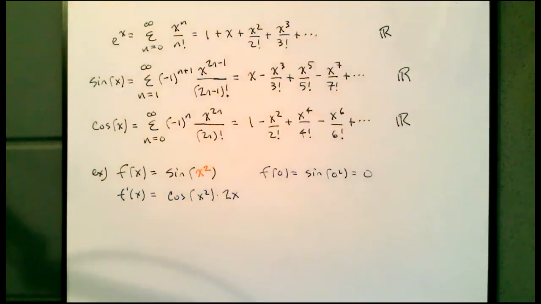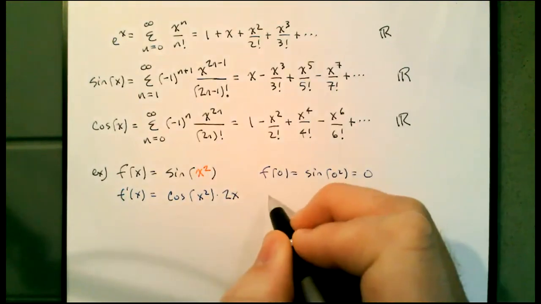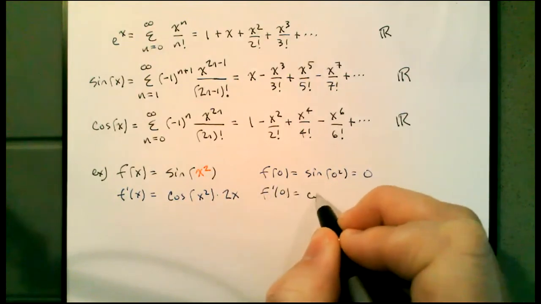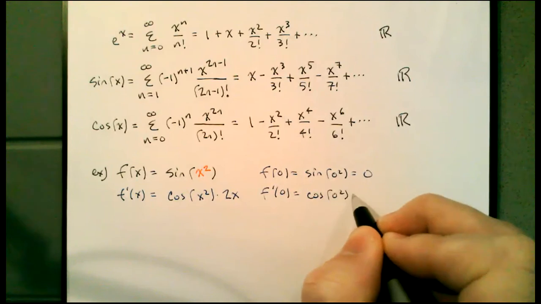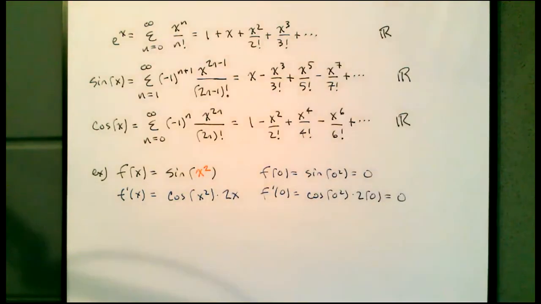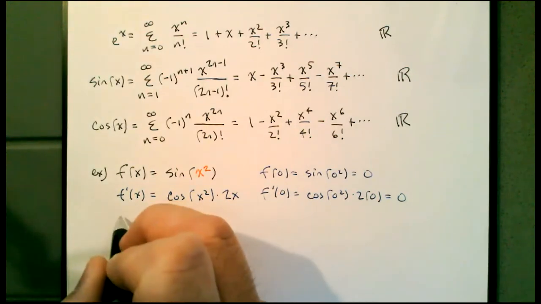That's no problem. f prime of 0 is going to be the cosine of 0 squared times 2 times 0. So that's 0. First derivative is still 0. We haven't got a non-zero term yet, and I said to find 4 non-zero terms. No problem. Let's just take some more derivatives.